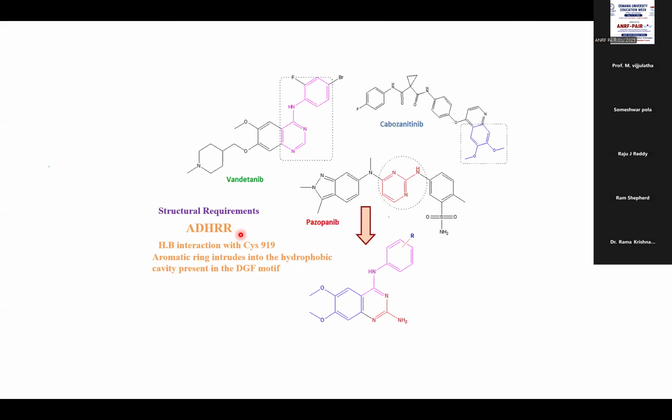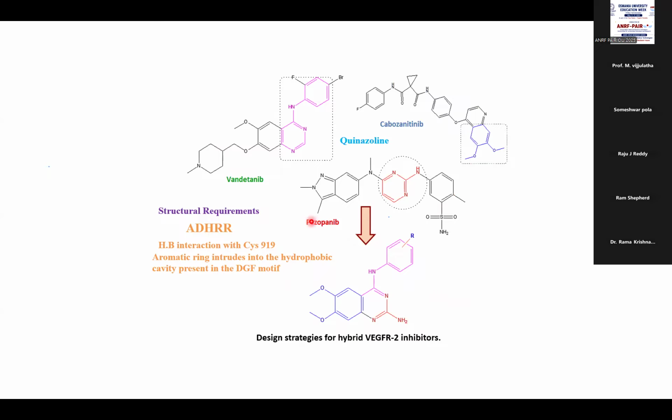Based on that, we have taken all the molecules which are there in the literature, drug molecules like vandetanib, cabozantinib, and pazopanib. And we tried to analyze what pharmacophoric features are present here and tried to design our own hybrid molecule as a VEGFR2 inhibitor.